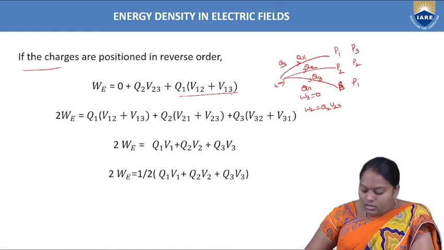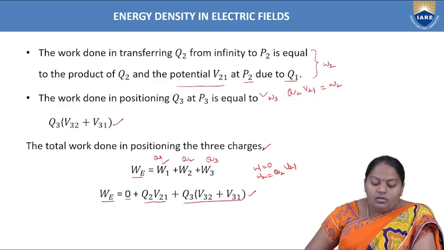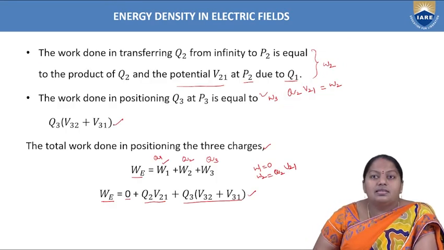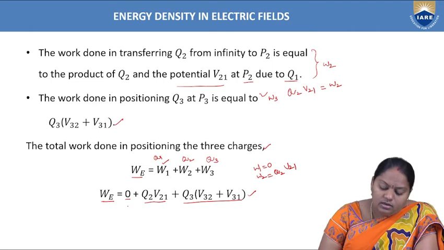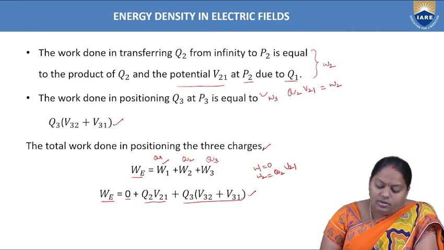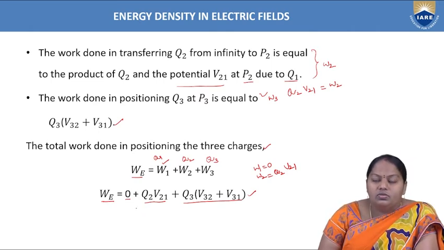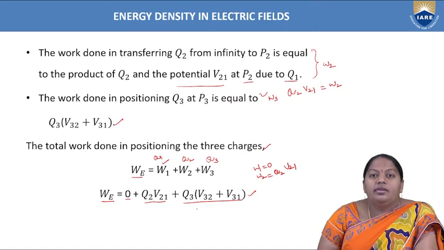So previously, if your charges are in the same order and we want to locate the respective Q1, Q2, Q3 in the positions P1, P2, P3, then the total work done in order to assemble 3-point charges is 0 for the first one W1, for W2 Q2 into V21, plus W3 Q3 into V32 plus V31.